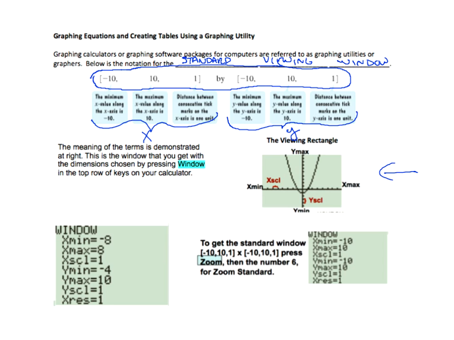So I'm going to change my x-min, which is just the minimum value in your x range, the minimum value in the x or horizontal direction. I'm just going to make it -100, and then I'm going to make my x max 100.